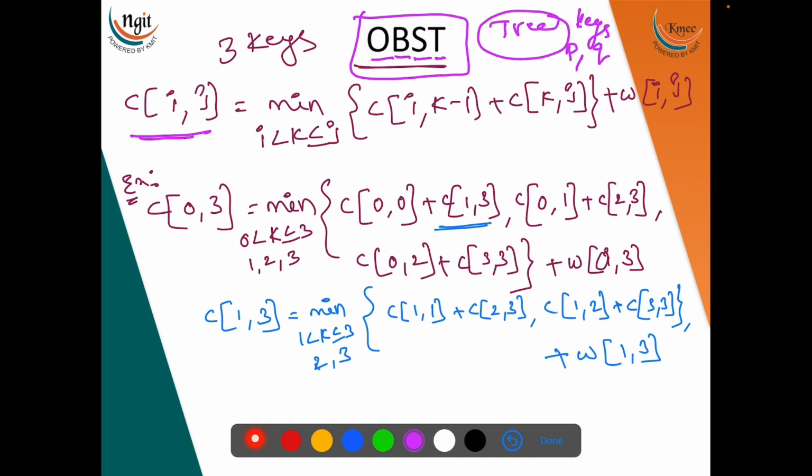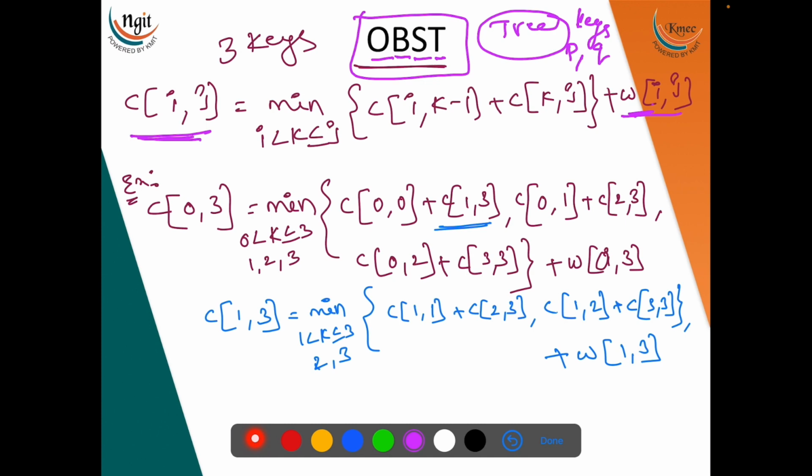Now you have to calculate the cost, and there is also a term W, which refers to the weight of i comma j. We'll see that in the next slide. Let me finish this cost first.